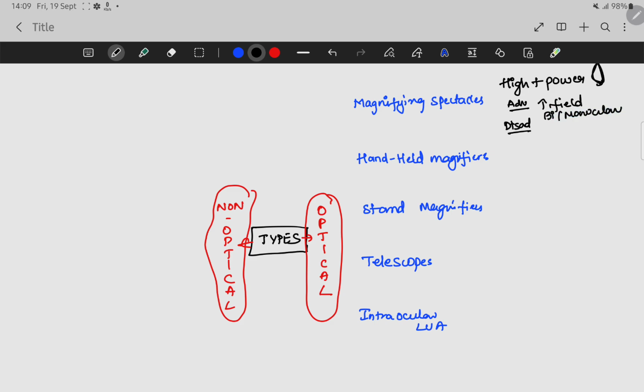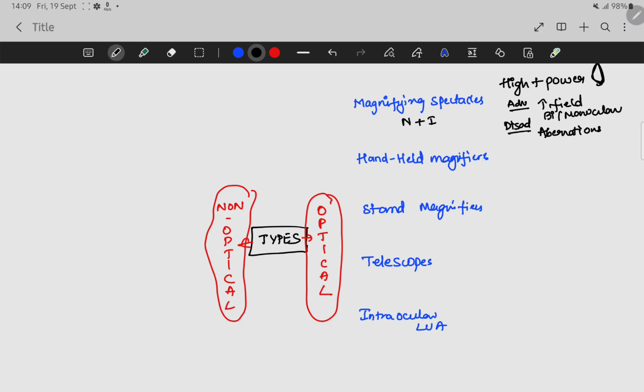The disadvantage is that they have aberrations because of high power, and because of high power, the reading distance is near, which is causing fatigue and postural changes. This can be used for both near plus intermediate visions.